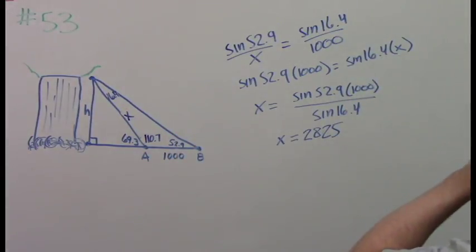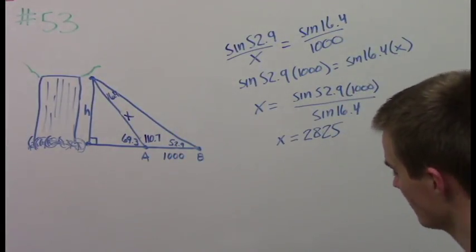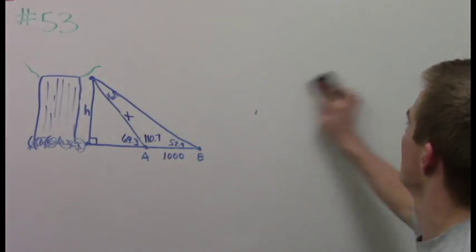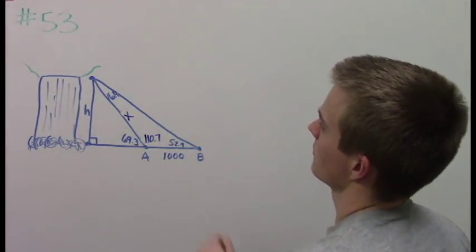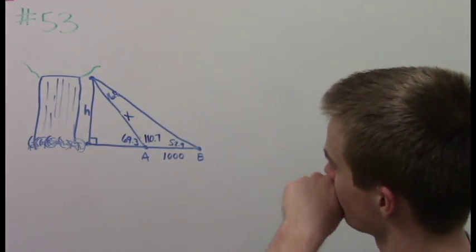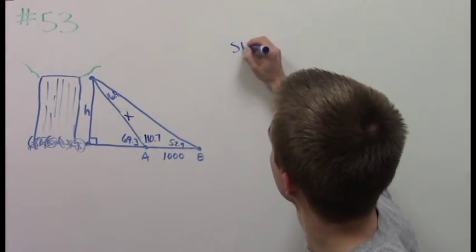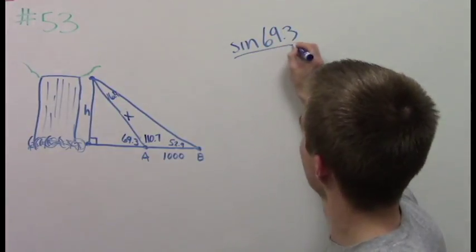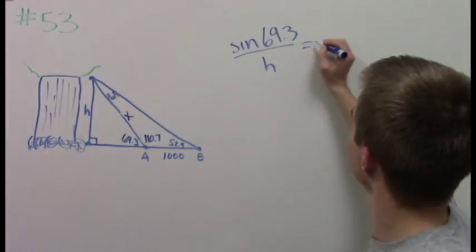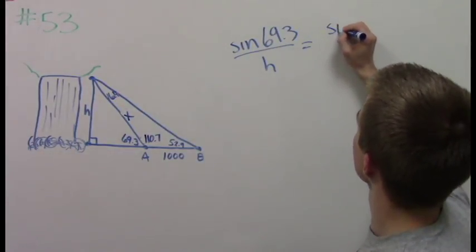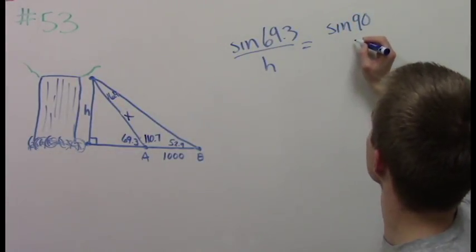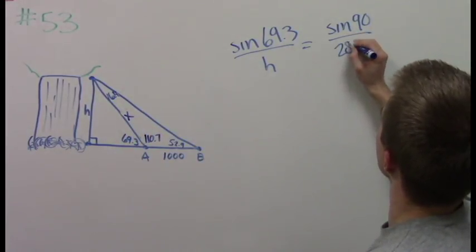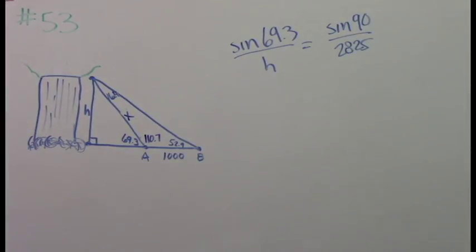And now that we've solved for x, we can do the same thing. We've already solved this. We can do the same thing with this triangle to solve for h. So we can write the sine of 69.3 over h is equal to the sine of 90, which is just 1, over x, which we remember is 2,825.